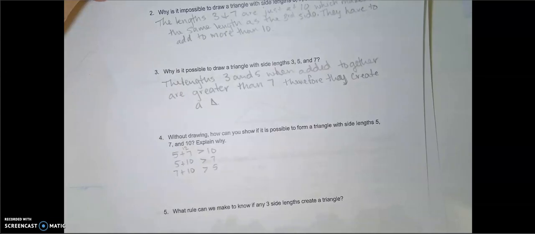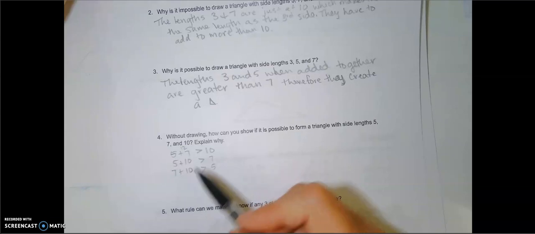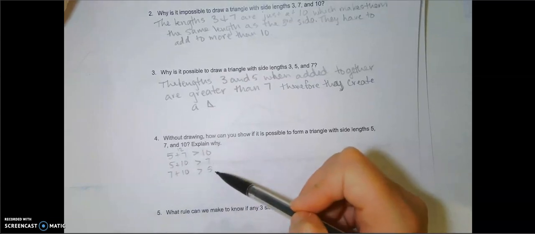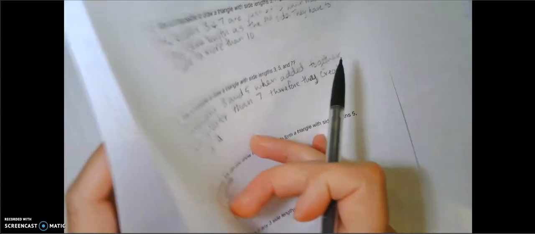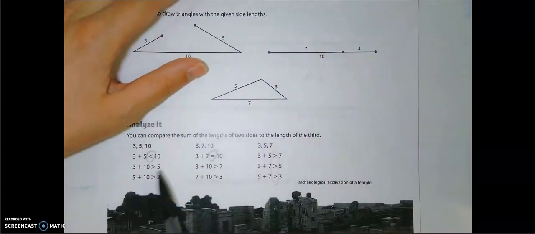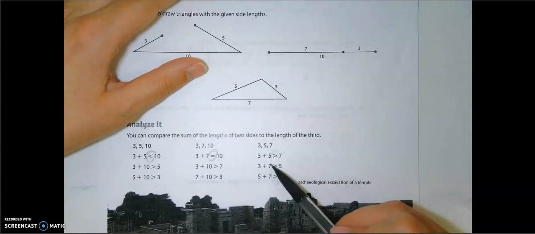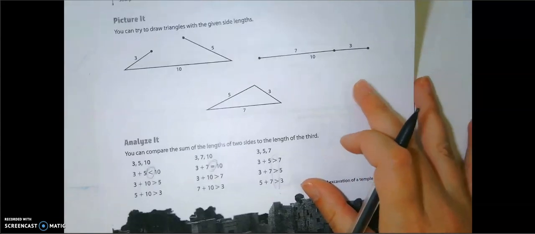So how can I tell if it is possible? Well, I need to check. The truth of the matter is the fact that the 10s here are already greater than the 7 and the 5, I know these two are going to work. It is the same for when we were looking at these. Right? The 10 is greater than my 5 and my 3. The 10 is greater than my 7 and my 3. The 7 is greater than the 5 and the 3. Those bottom two are going to work no matter what.